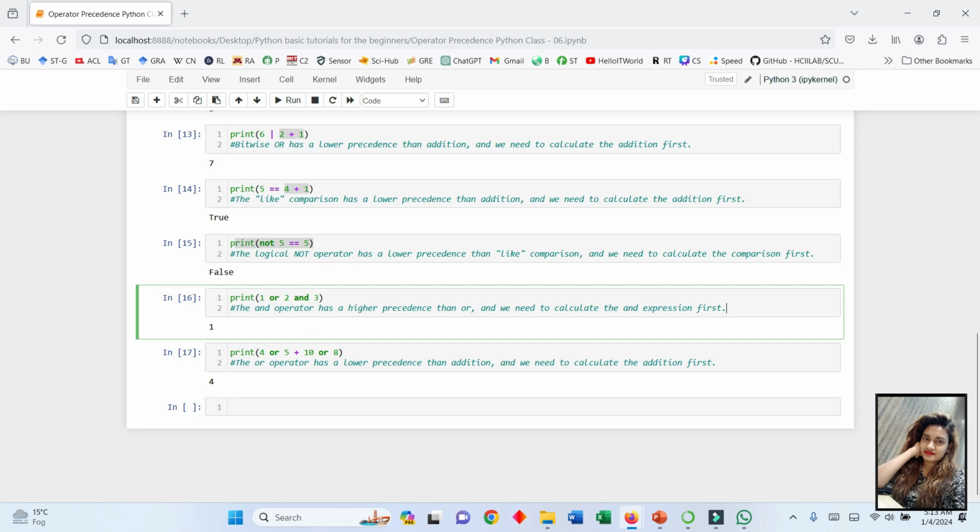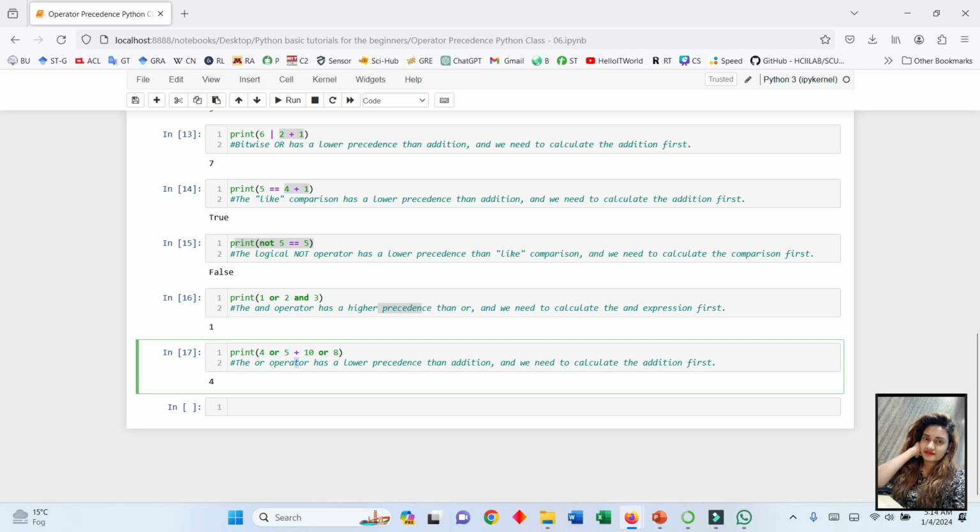So we do the AND operation first, then the OR operation, because we said that the AND operator has a higher precedence than OR.